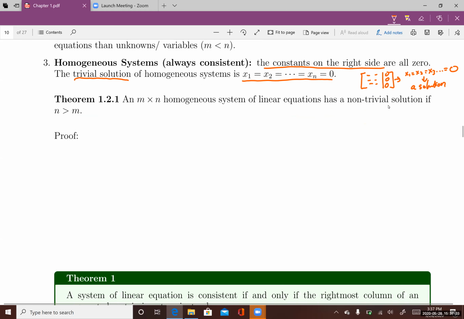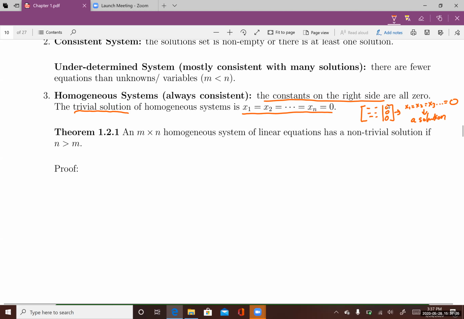Now there's a theorem in the book that says that an m by n homogeneous system of linear equations has a non-trivial solution if n is greater than m. What does that mean? That means this is a homogeneous system. So I just want to sketch out a system, right?